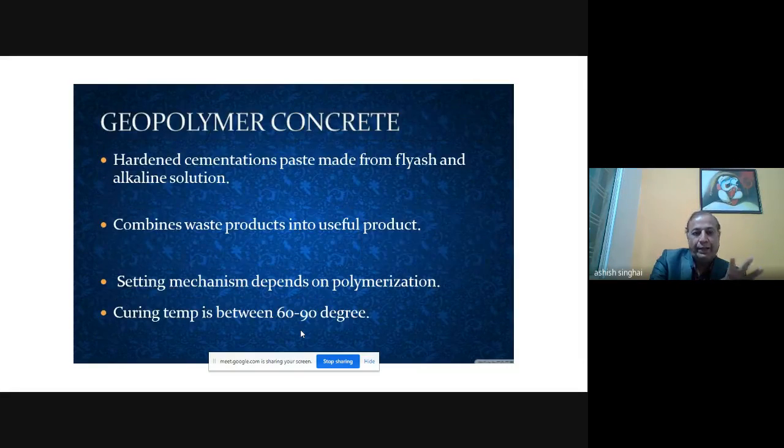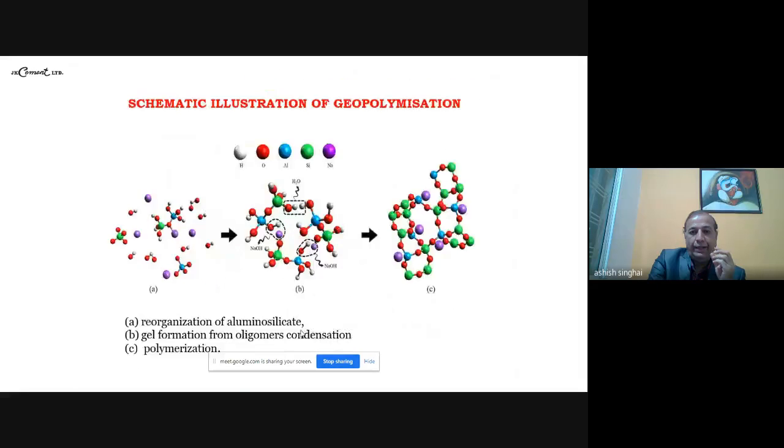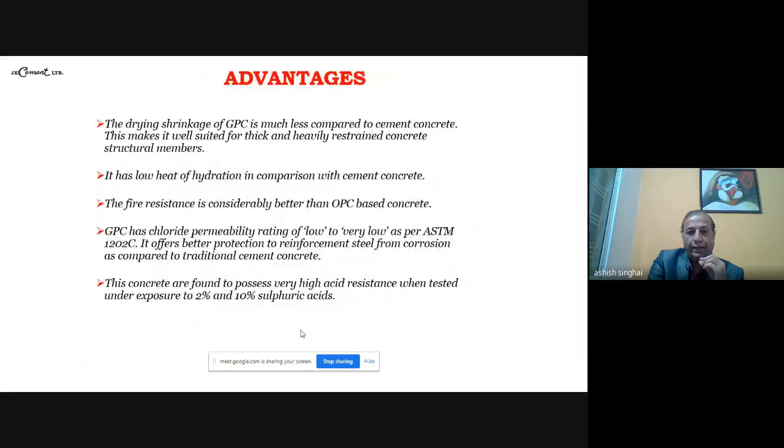So these are a couple of challenges, but I'm sure the researchers and the scientists who are working on this geopolymer concrete will resolve these challenges, and in very few years from now, we will have geopolymer concrete happening in India. So with this, I just conclude my session because I think I have already exceeded the time limit.